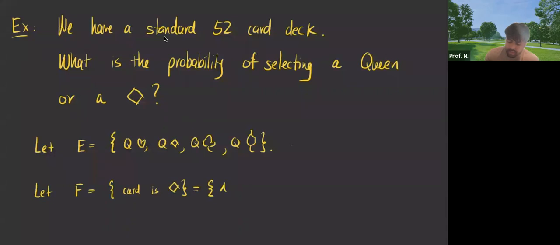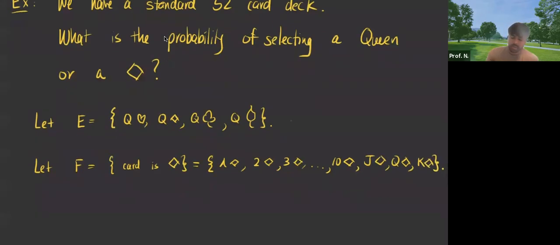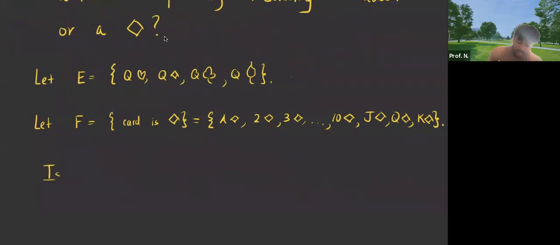We can have the ace of diamonds, the 2 of diamonds, the 3 of diamonds, all the way to the 10 of diamonds, the jack of diamonds, the queen of diamonds, or the king of diamonds. Now, are E and F mutually exclusive?